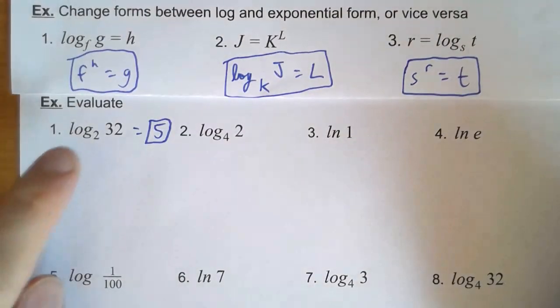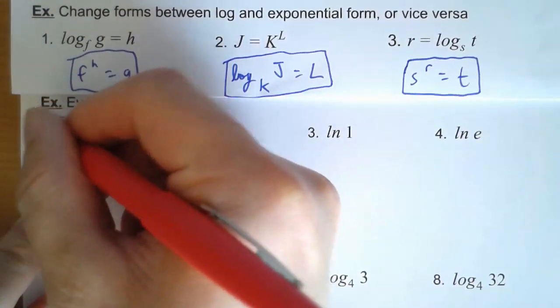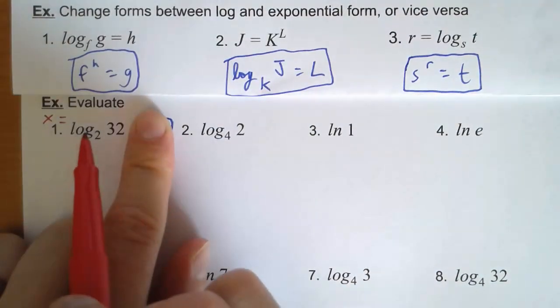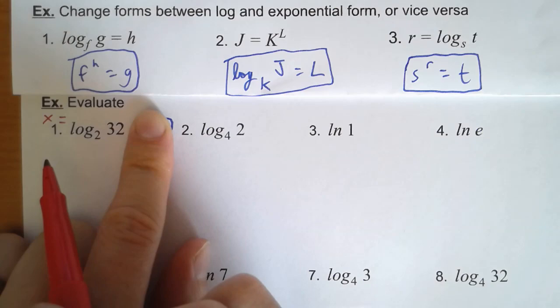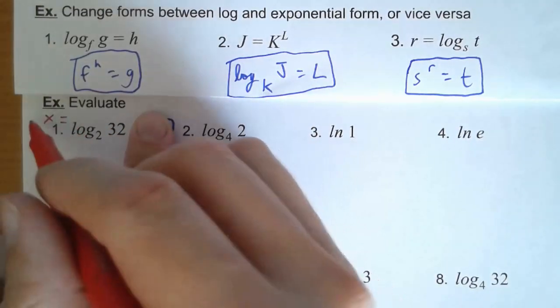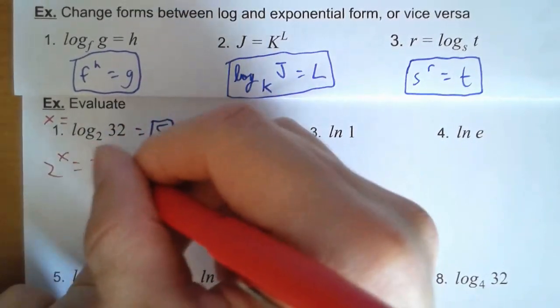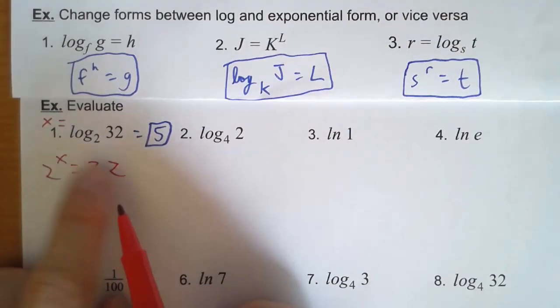Now, if it's harder for you to just stare at it and say that, the trick is to always put it equal to x. So let's say that we didn't know this yet. If we had this equal to x, then you can change forms. You can say, all right, 2 is the base, and logs are exponents, so the x is the exponent, and then you would be able to see what we were just talking about, that we're looking for 2 to the what is 32.